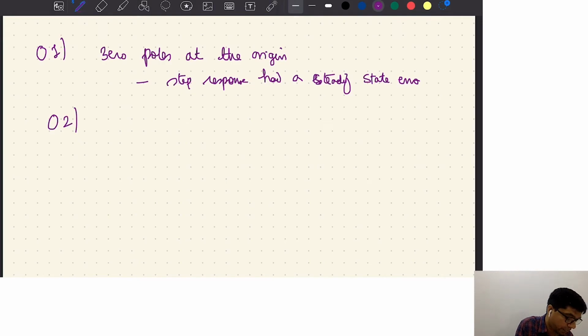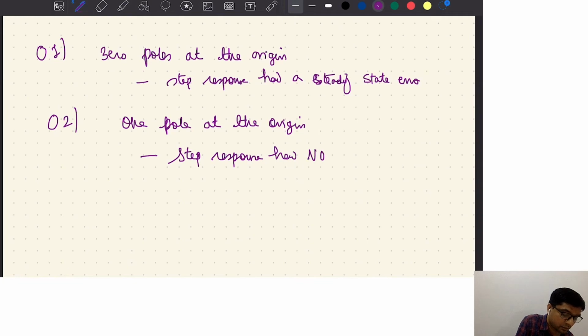Observation 2: one pole at the origin, where the step response had no steady state error.